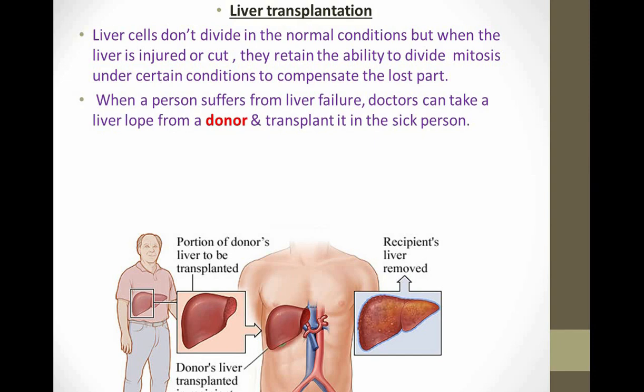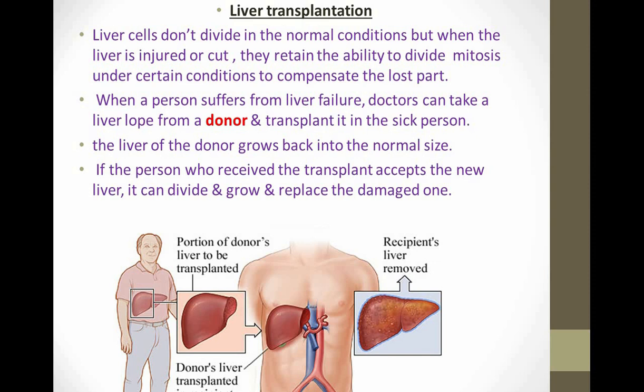When a person suffers from liver failure, doctors can take a liver lobe from a donor and transplant it into the sick person. The liver of the donor grows back to normal size. If the person who receives the transplant accepts the new liver, it can also divide and grow, replacing the damaged one. So this process is called liver transplantation.